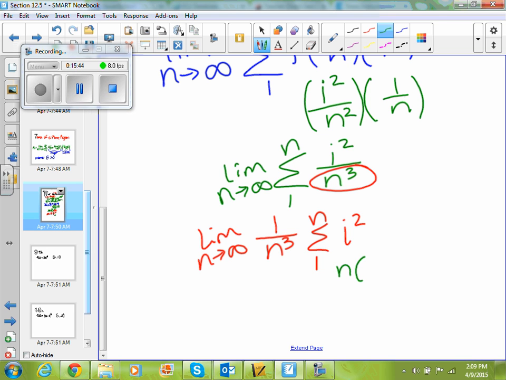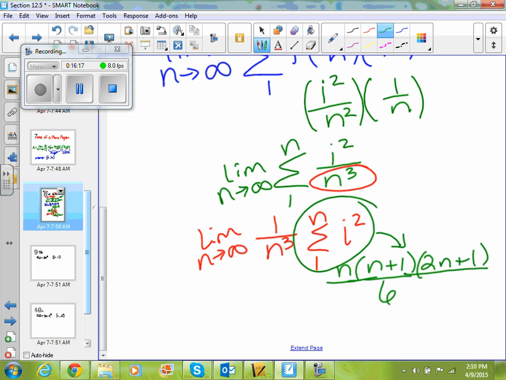And the sum of i squared is n times n plus 1 divided by 4, I think. Is that right? No? I don't have all those sum formulas memorized. i squared, not even close. It's divided by 6, and 2n plus 1. There's my sum formula. So this becomes that.